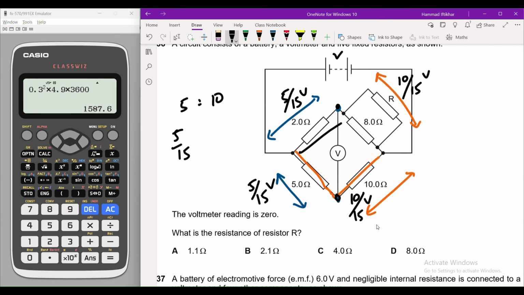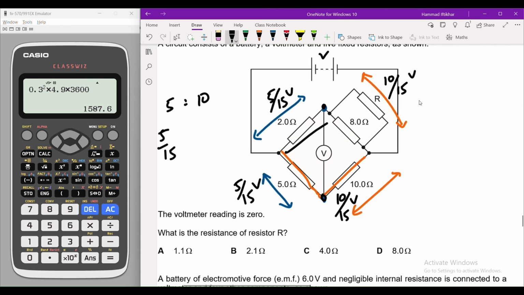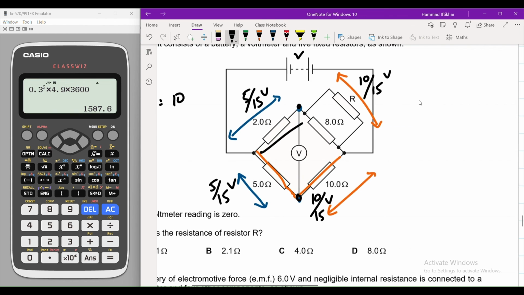Okay, so if we can figure out the resistance ratio over here, we can figure that out. So basically the ratio is the same, 5:10, or basically 1 ratio 2.